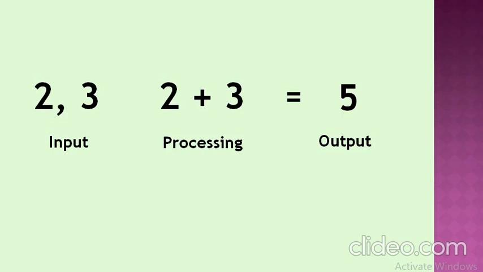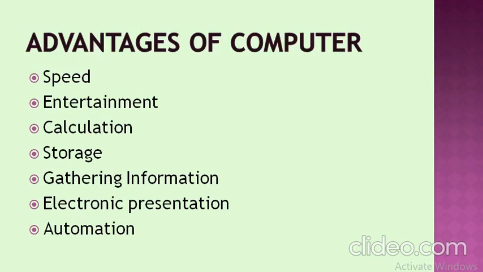Now let's see what are the advantages of the computer, what are the benefits of the computer. The first advantage of the computer is the speed factor. Why? Because a computer works very fast without getting tired. We had discussed it in the first class, no? A computer never complains, I am tired, I want to sleep now, I will not work.